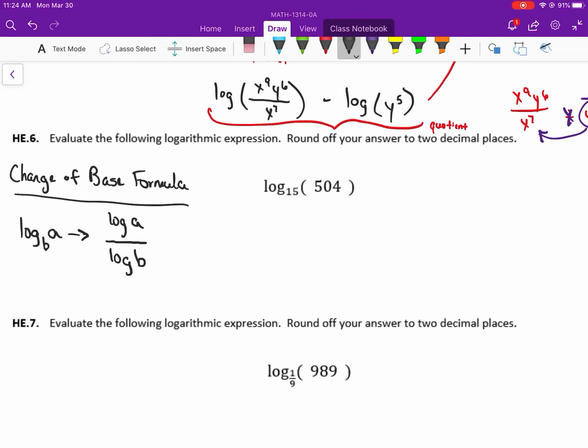This is called the change of base formula, and you can even do it on the ones that you can change to an exponential. However, changing them to an exponential, you have to know how to do that, of course, and that's much easier than having to do this every time. But I have had students in the past that have used change of base formula for every single one.